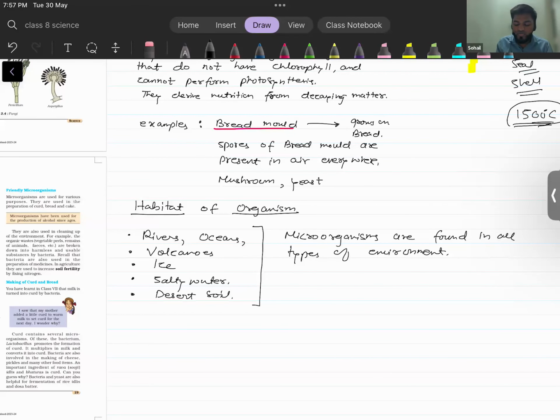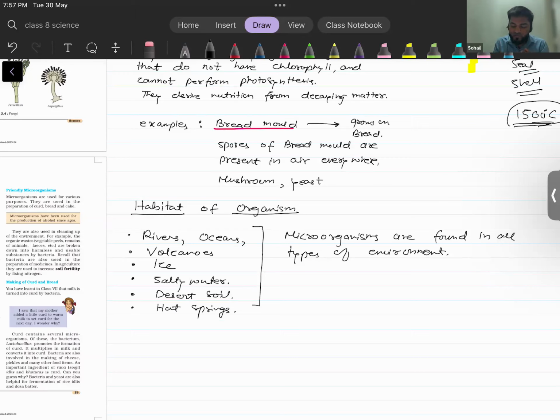What could these environments be? It could be rivers, volcanoes, ice cold waters, hot springs. You know what hot springs are? Warm water that gushes from the ground is called hot springs. So they are found to be living in such environments.